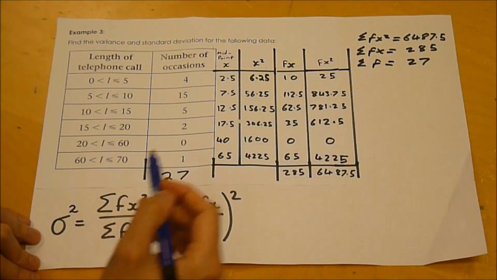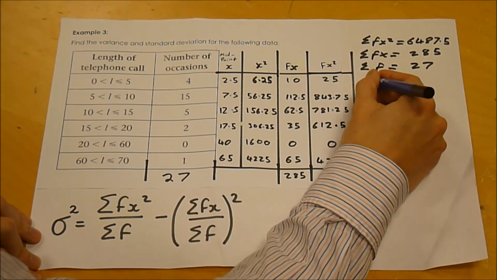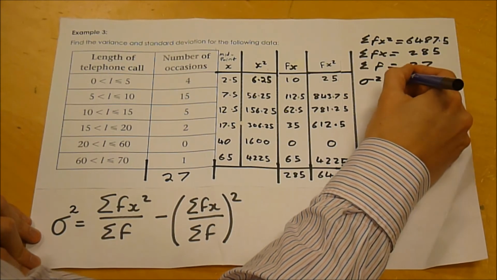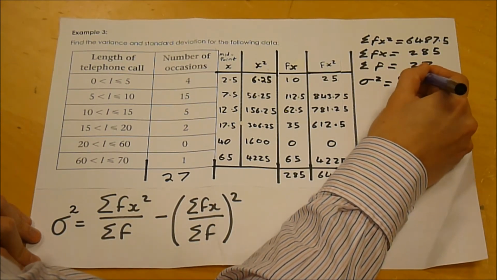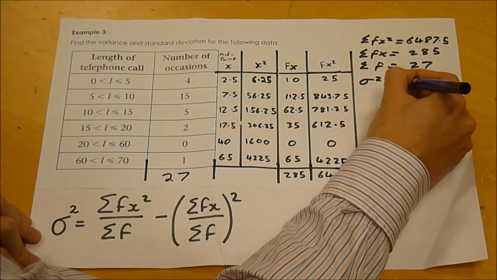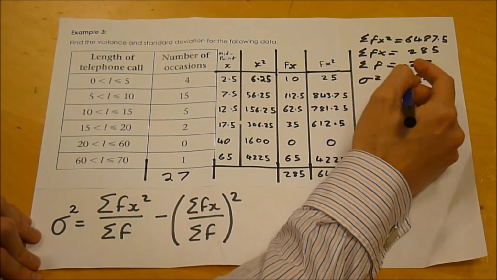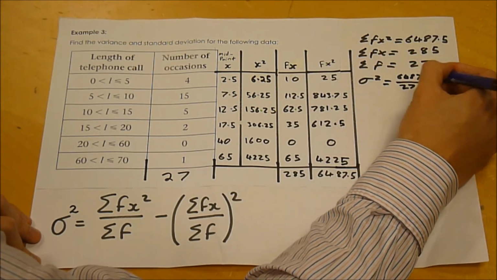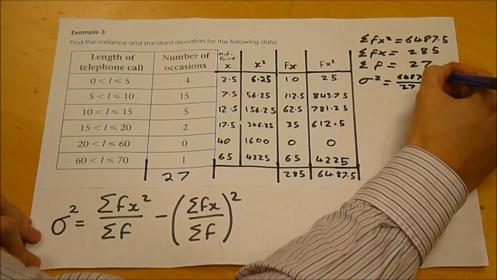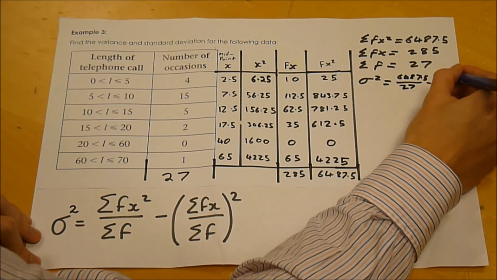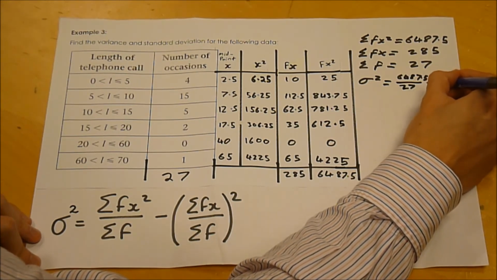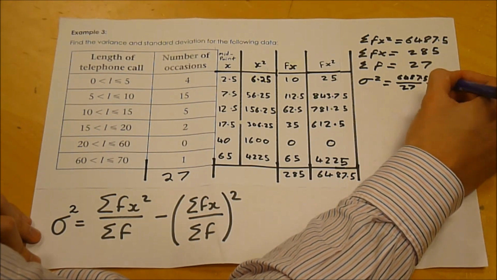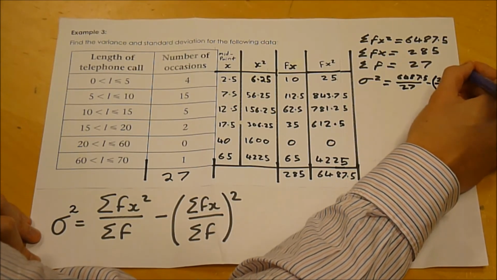So following the formula, the variance is equal to the sum of fx squared, so 6,487.5 divided by the sum of f, 27. Take away the sum of f of x, that's 285, divided by the sum of f, 27 still, and obviously that value is squared.